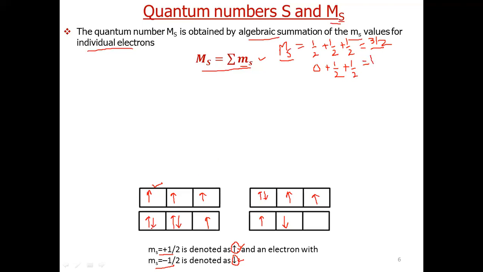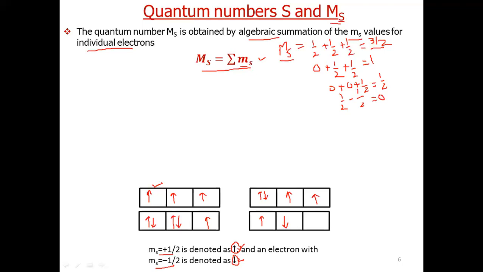Let us calculate for this: half plus 0 plus 0, which is half. Now for this system, this is half and this is minus half, so it is 0.